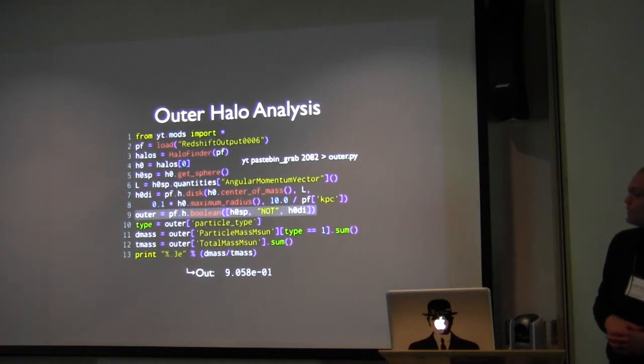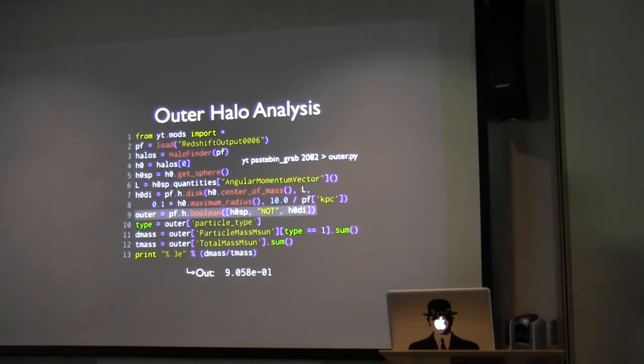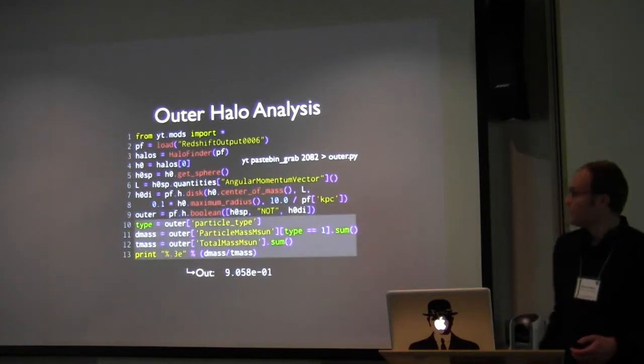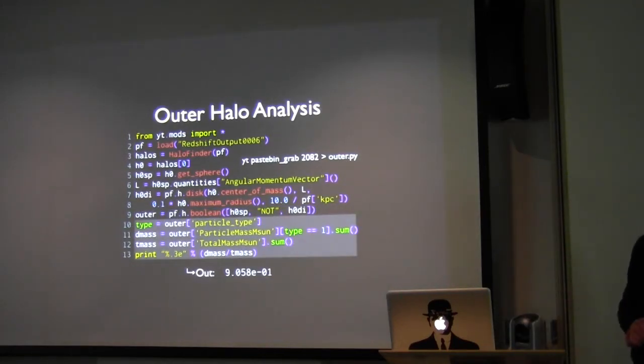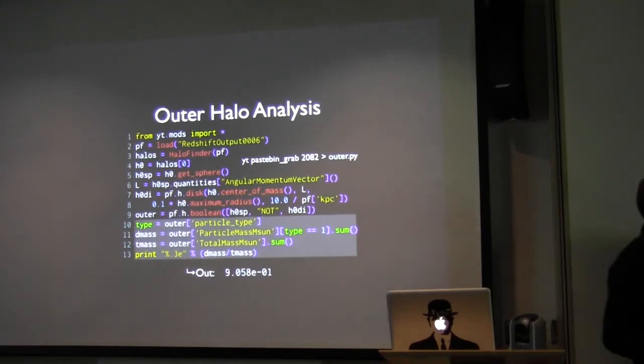And then this command here on line 9 is creating a Boolean region that is the sphere minus the disk. So this is the stuff that's outside of the disk galaxy. Right here on line 10, I'm selecting the particles.